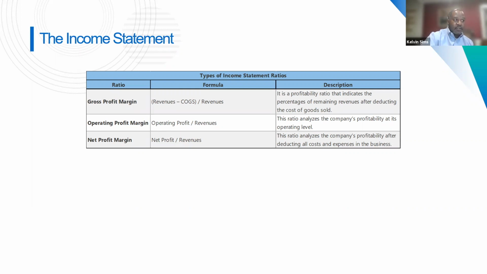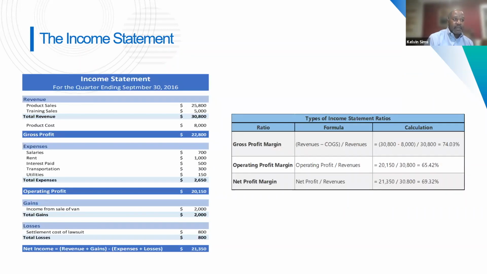So based on the income statement that we just took a look at, our revenue of $30,800 minus our cost of goods, or our product cost of $8,000, divided by the revenue gives us a 74.03% gross profit margin.